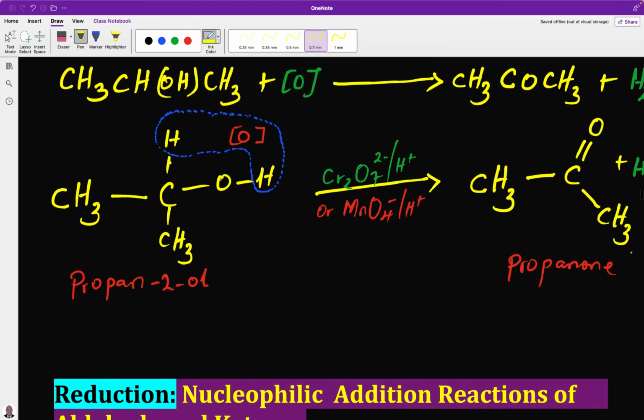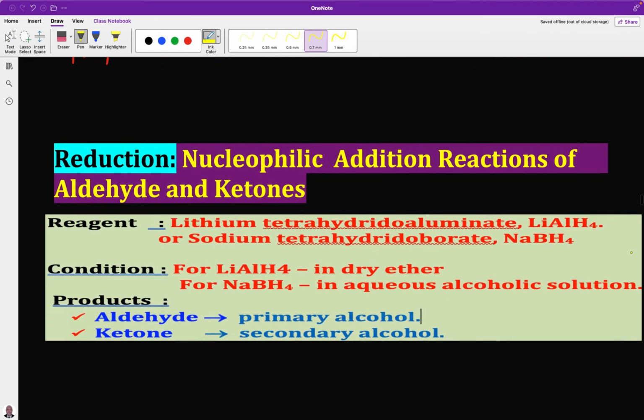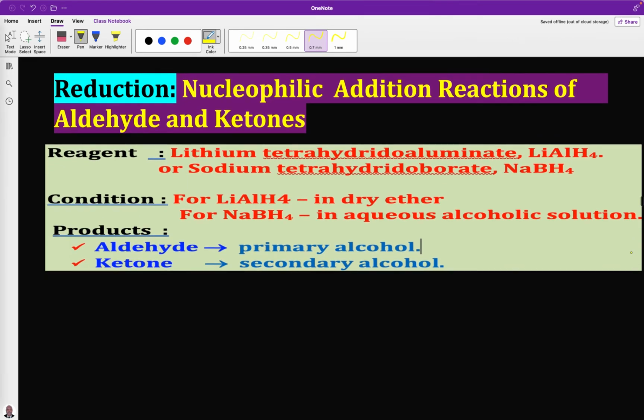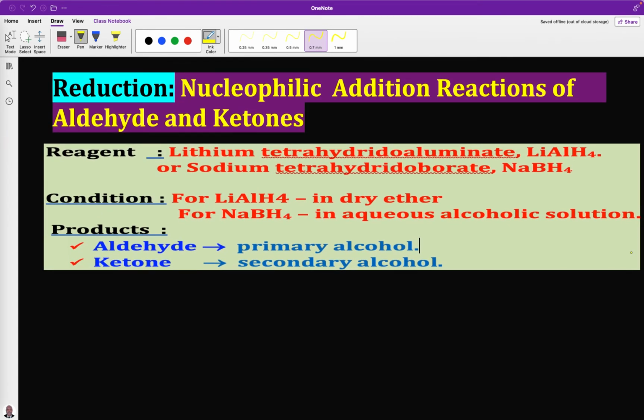We now go to reduction of aldehydes and ketones. You know very well, reduction is the reverse of oxidation reaction.